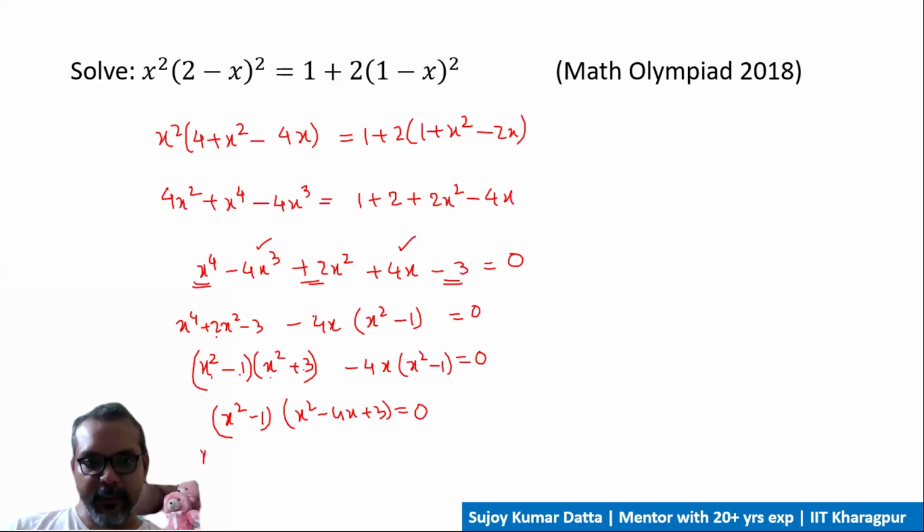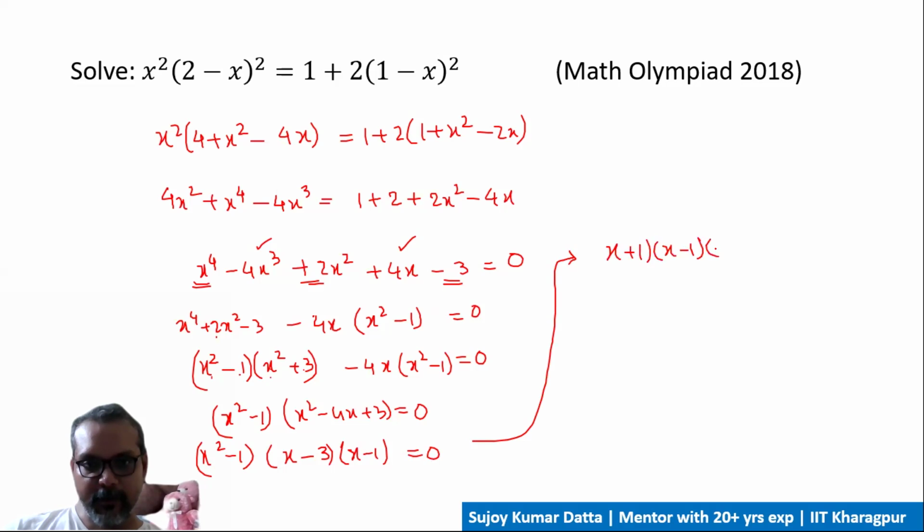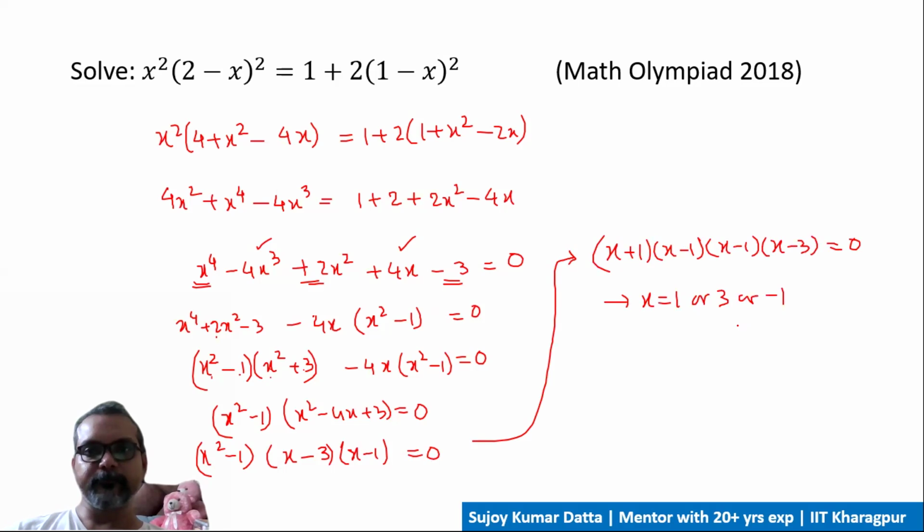So this will give us x squared minus 1, and this can be again factorized as x minus 3 times x minus 1. So x plus 1 times x minus 1 times x minus 1 times x minus 3. So the solutions are x equal to 1 or 3 or negative 1.